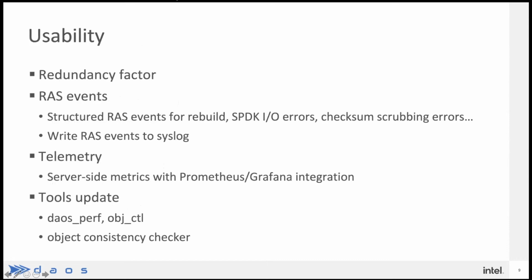We also did a lot of work to improve the usability of DAOS. First of all, we added the redundancy factor to the container. As I introduced earlier, DAOS does not maintain an object table during regular I/O. It means that when a failure happens, the user might have no idea whether there is data loss or not. The redundancy factor is a new property we added for the DAOS container.